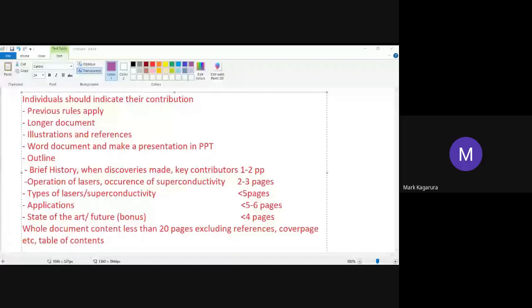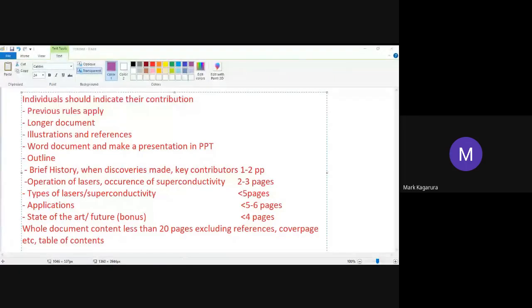So we have A to O. I don't know how many letters those are. Those are 15 groups. So you need about half of them doing lasers and the other half doing superconductivity.